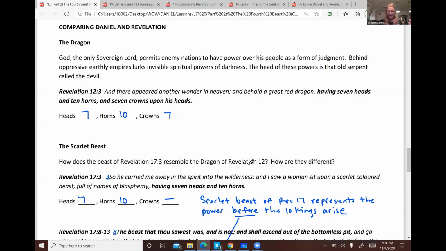If we could describe the spiritual person of Satan, he would be a ferocious, great red dragon. And it says he has 7 heads and 10 horns and 7 crowns upon his head. So I want you to count heads, horns, and crowns as we go through this. So the description of Satan in Revelation 12, he's a red dragon. He has 7 heads, 10 horns, and 7 crowns.